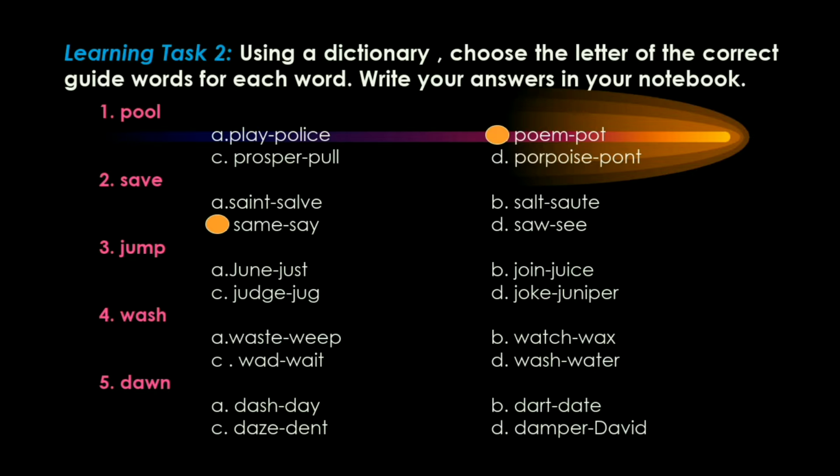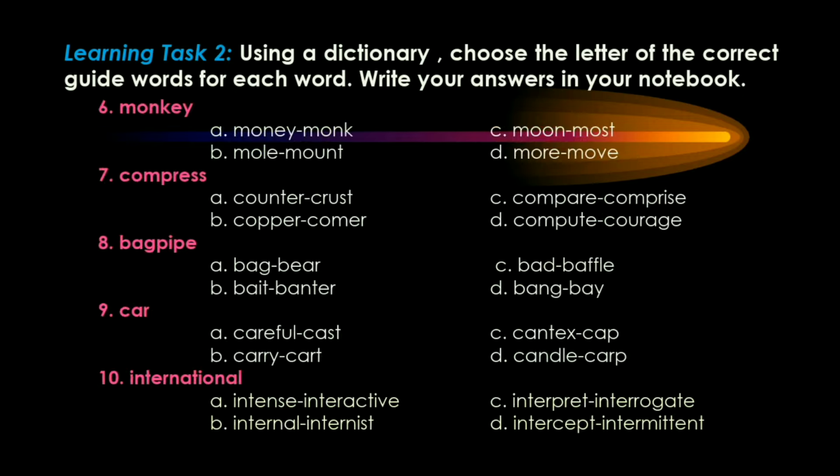For number 3, we have jump. The guide words are joke, juniper. For number 4, we have the word wash, and the guide words are letter V, wash, water. And last for this slide, number 5, we have the word dawn. The guide words are dash, day. So it's letter A.